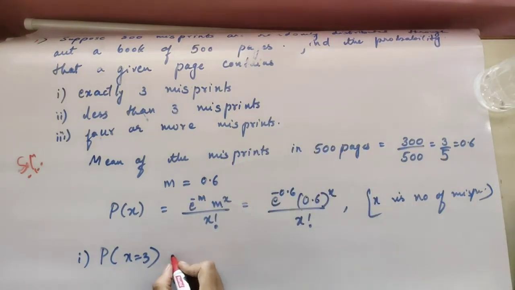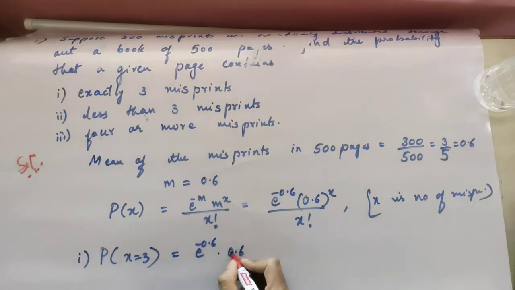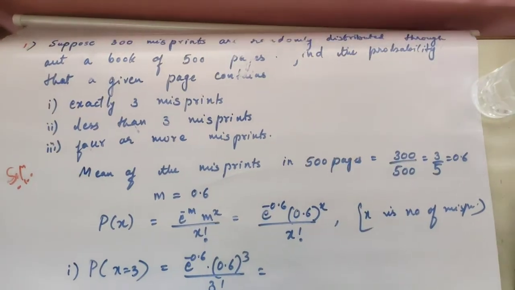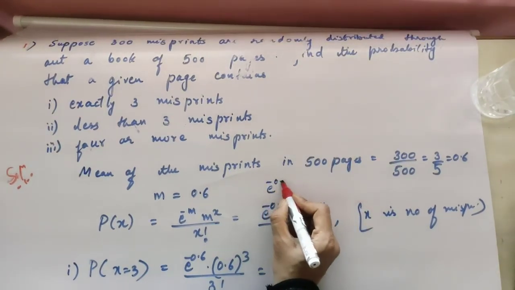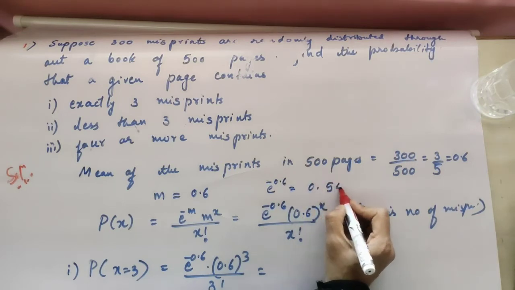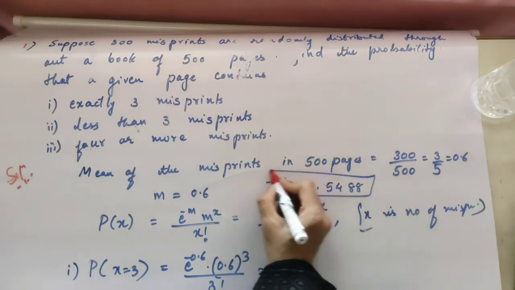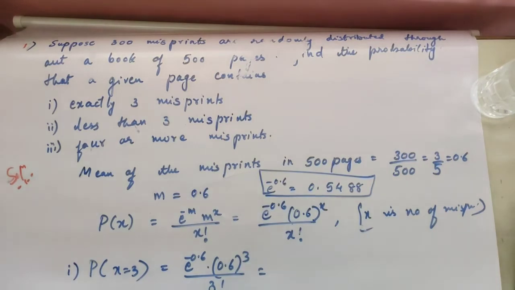So p of x is equal to 3 will be e to the power minus 0.6 into m, which is 0.6, raised to 3 divided by 3 factorial. You have to work for this. E to the power minus 0.6, I'll write it here. E to the power minus 0.6 is 0.5488. Just check it. So you can directly write 0.5488 into 0.6 raised to 3 divided by 3 factorial, which is 6.